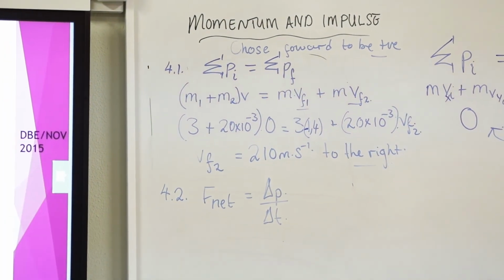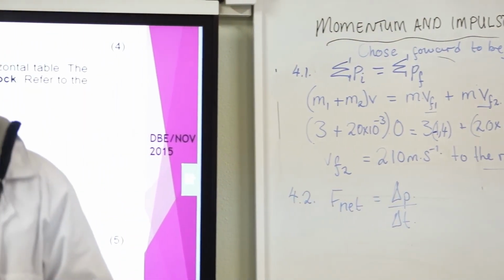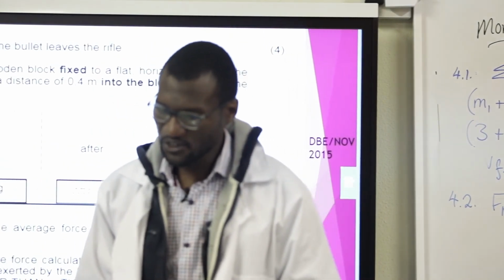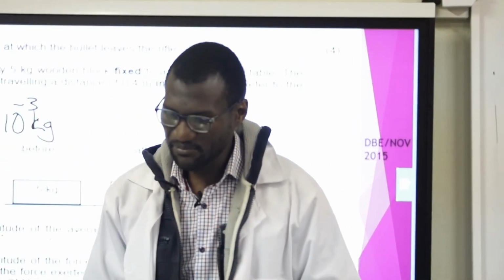We have got that equation and that understanding that F net is equal to change in momentum over change in time, right?